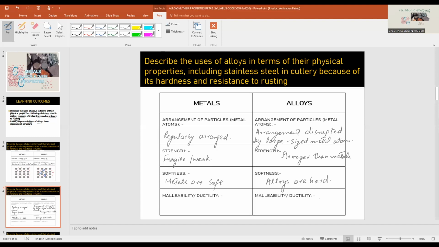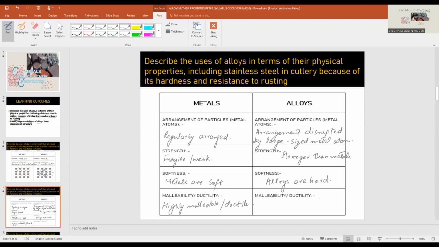Metals are highly malleable and ductile, which means when you hit the metal, the atoms will slide or slip over one another.